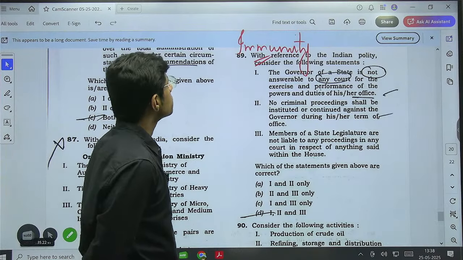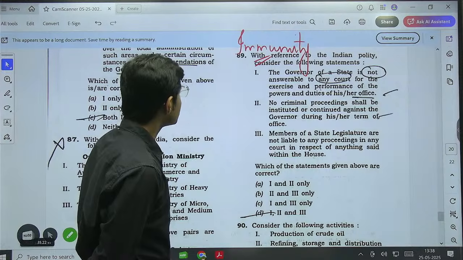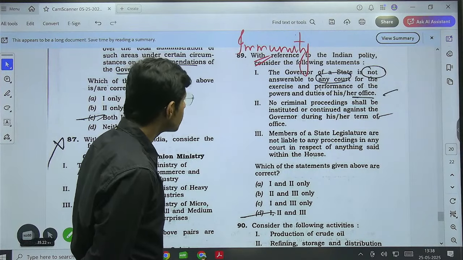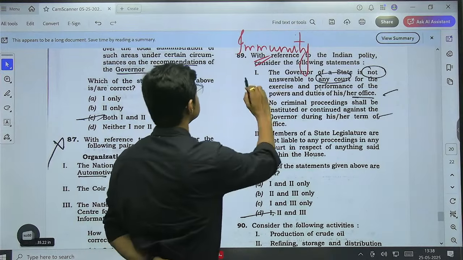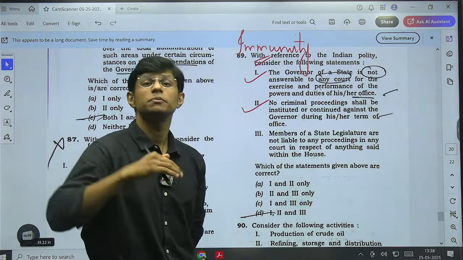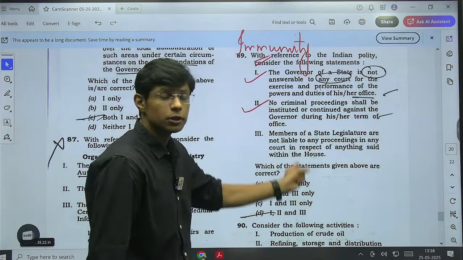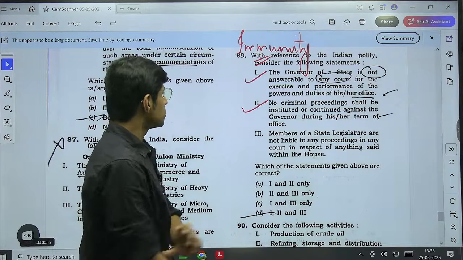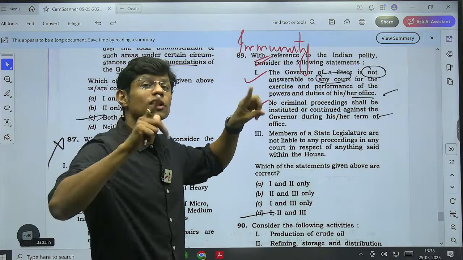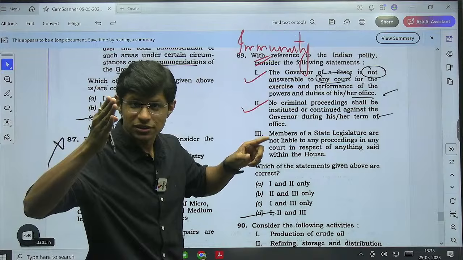No criminal proceedings can be or shall be instituted or continued against the governor during his or her term of office. Yes, these are the special privileges not only the governor but also the president enjoys. So this is mentioned under Article 14 of the Indian Constitution, the exemptions.